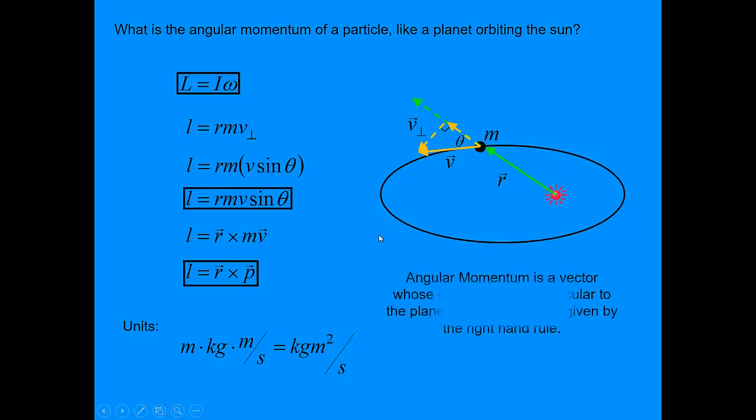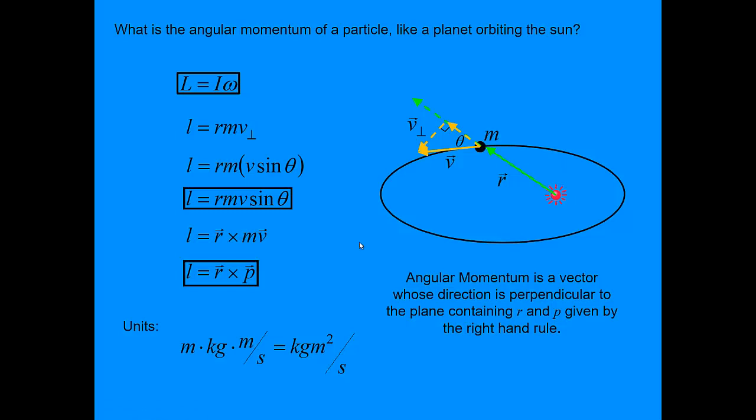All right. So this angular momentum is a vector whose direction is perpendicular to the plane containing R and V, and you use the right-hand rule. So you rotate R into V. Hopefully you're all putting your hand up there and you're looking at it. If you rotate R, which is this, you got to draw them tail to tail, into V, your thumb in this case should be pointing outward, which means we've got a positive angular momentum.